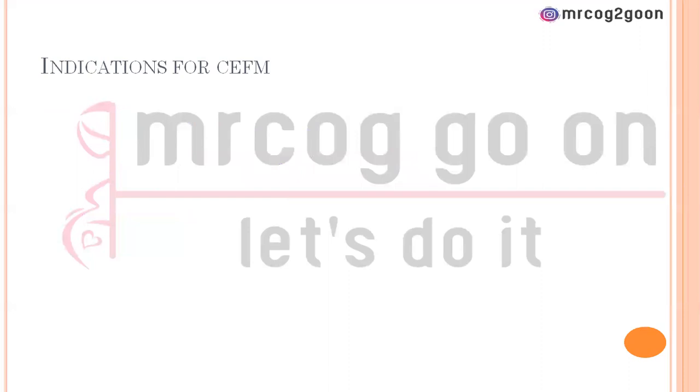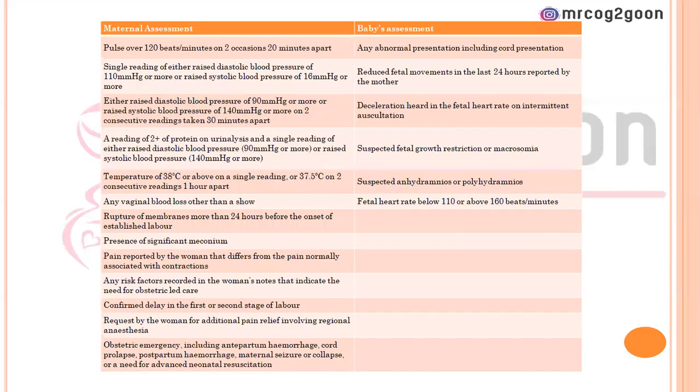Indication for continuous electronic fetal monitoring. Indications for CTG. Yeah, it's a very, very long indication. We have maternal and baby. For maternal, it is almost the same as the indication for transfer.